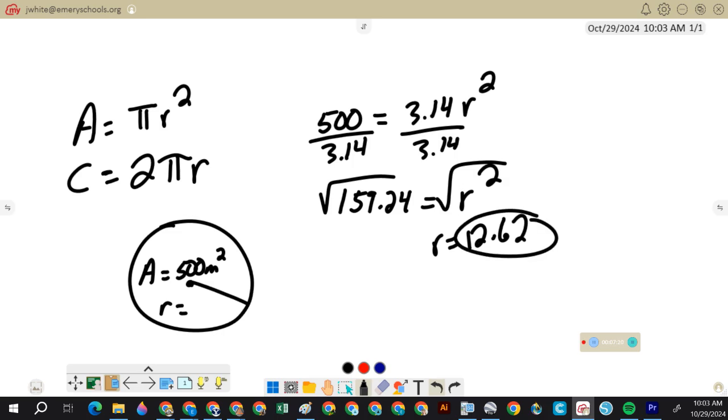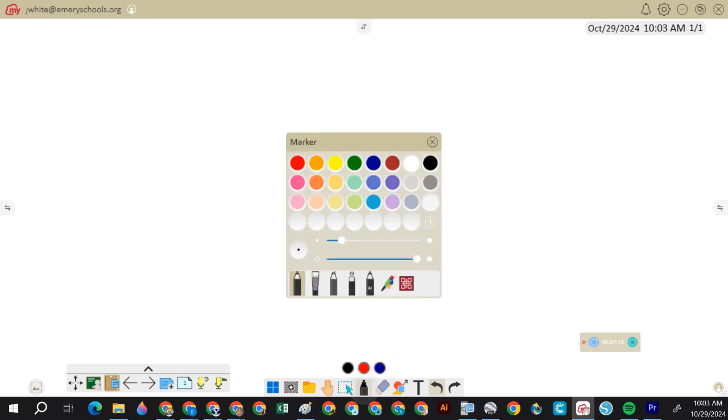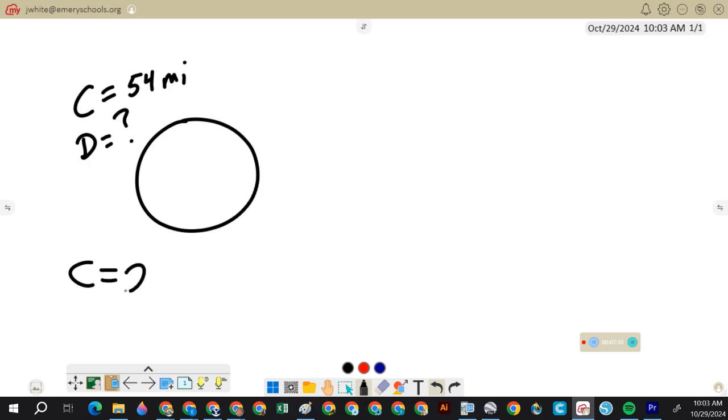Okay, let's do a new problem. Suppose I had a circle whose circumference was 54 miles. What is the diameter? Well, circumference is 2 times 3.14 times r. So I'm going to plug 54 in there.